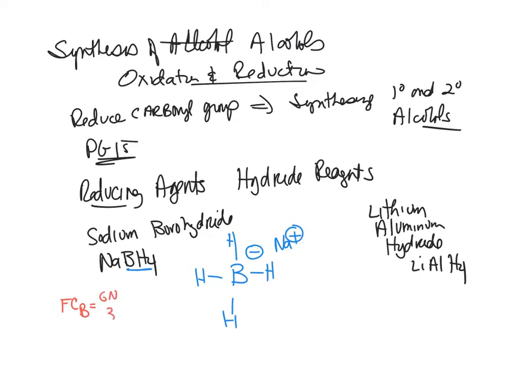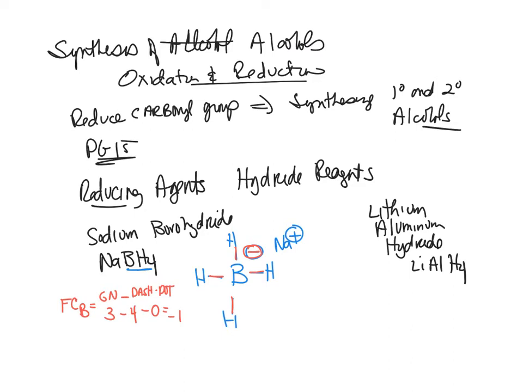So group number 3 minus, let's do dashes and dots, right? We have 1, 2, 3, 4. So 3 minus 4, and there's no lone pair, so 0. 3 minus 4 is a -1. So that's why boron gives a -1, and then it forms a salt with the sodium. A salt is anything with a negative and positive.